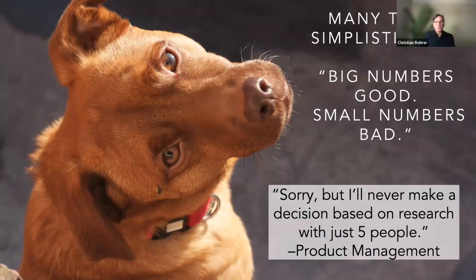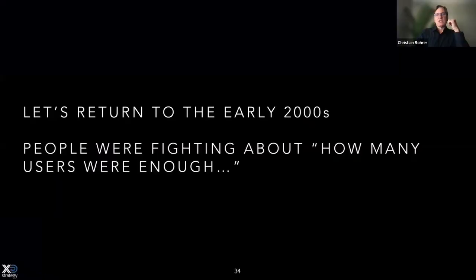I've actually heard this quote before: I'll never make a decision based on research with just 5 people. If you have that happen, it's because people aren't really trained or versed in research. So again, going back to the teaching problem, it becomes difficult to convince them.